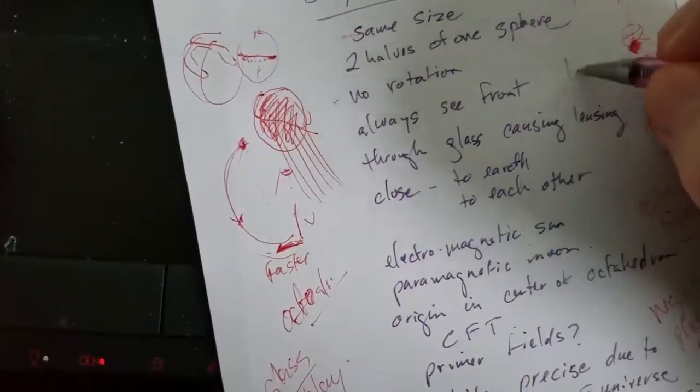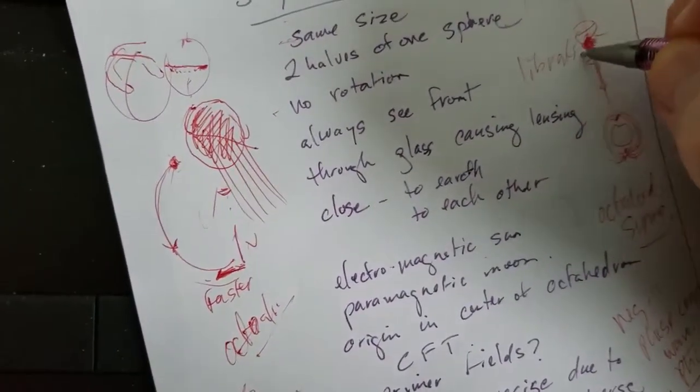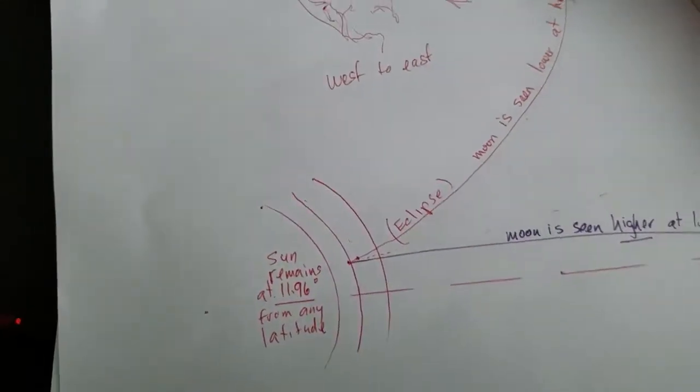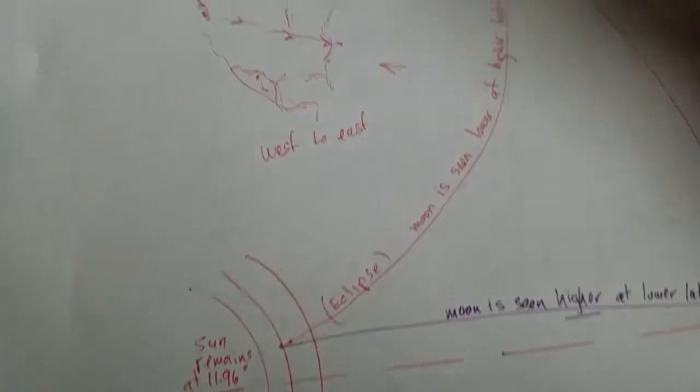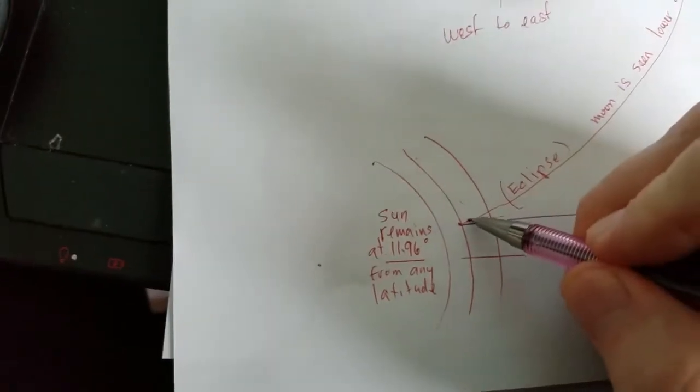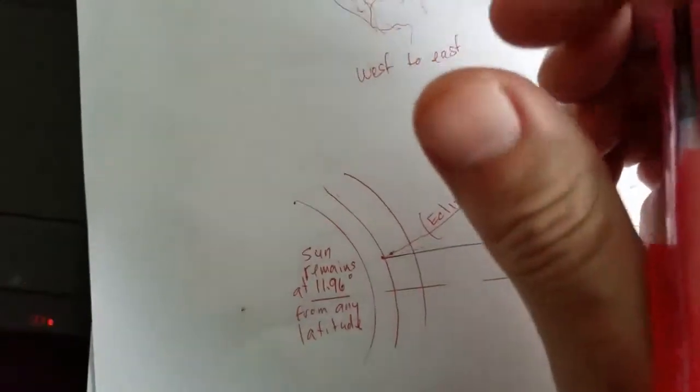The moon, obviously, they call it libration. We think, oh yeah, that's showing that the moon is rotating. No, it's not showing the moon is rotating, because, as I said before, the moon is closer to us, and we get different readings of latitude and longitude as well. Wherever we are within the Earth, because the moon is closer to us, we're going to see slightly different sides of the moon.